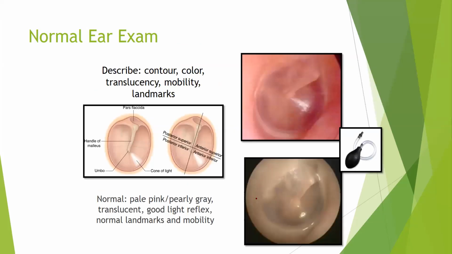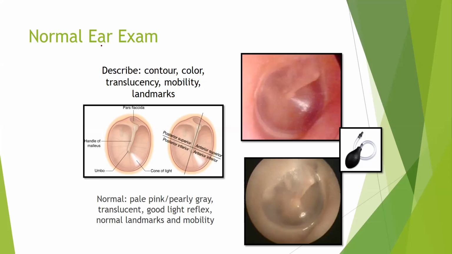So here's a normal ear exam. You've kind of got this coating here. It's this translucent membrane, and then on the inside, you can see the bones, okay? So this is a normal ear. This is a normal ear with some inflammation on it. So there's a little bit of erythema around the tympanic membrane.